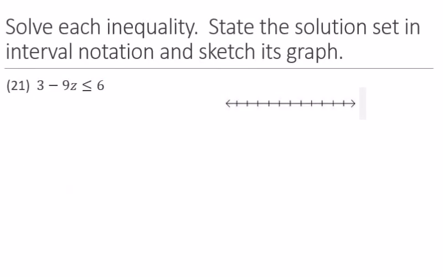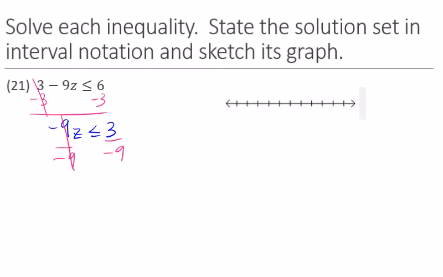Okay, so this next one, we have 3 minus 9z is less than or equal to 6. So I'm going to subtract 3 from both sides. Get negative 9z less than or equal to 3. And then we can divide both sides by negative 9.